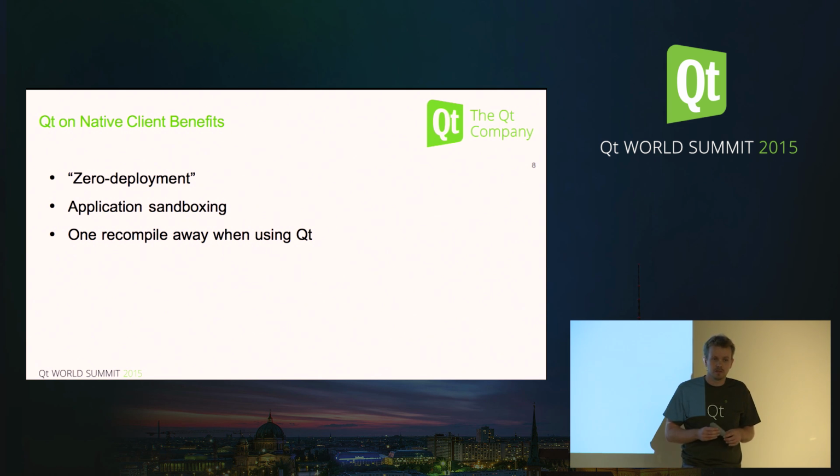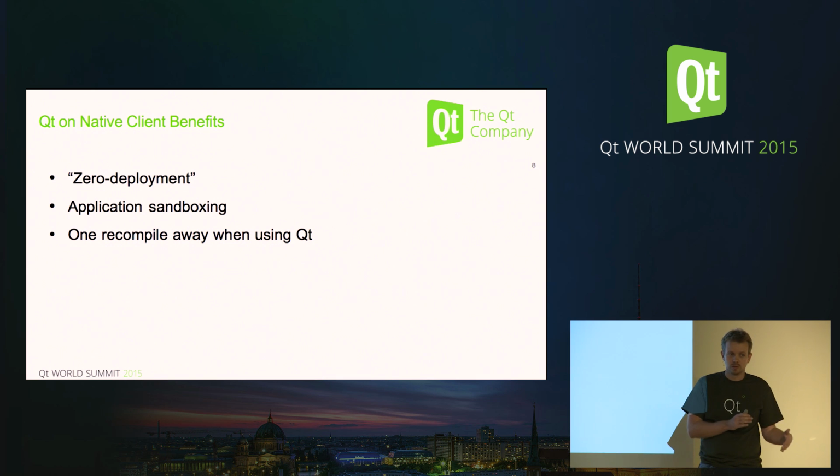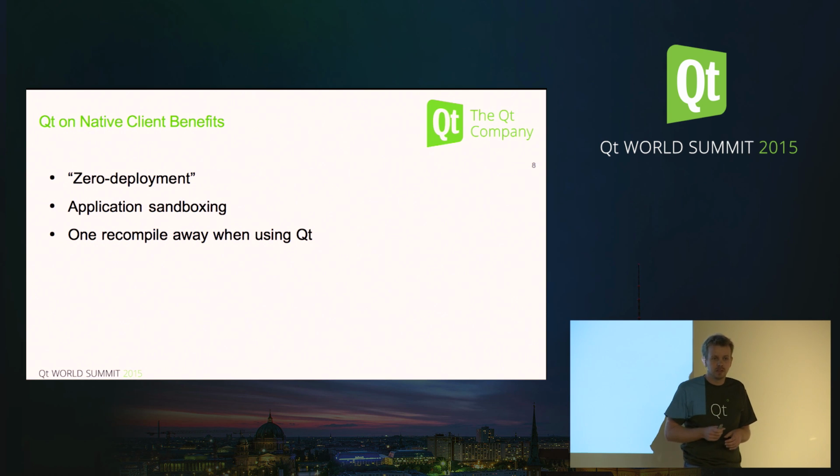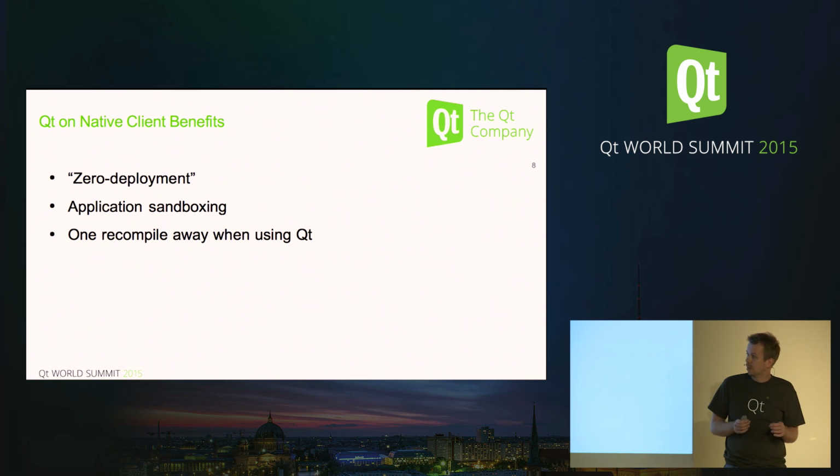So that means the user doesn't have to trust the application. So that lowers the barrier to entry. So that can be viewed as an advantage. Of course, sandboxing has some additional challenges since you don't have complete access to the operating system. So there's a limitation to what your application can do. And with Qt, we want to make it so that it's run recompile away. So you can use your existing code base and then recompile for native client and deploy your application. We're not there yet, but I'm trying to get as close as possible to that state.